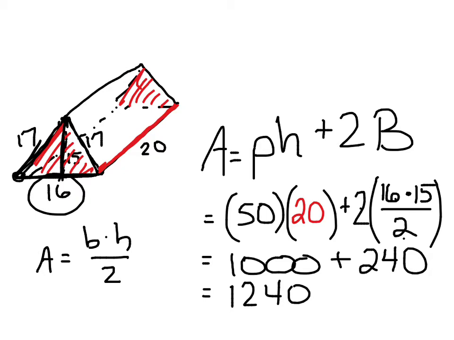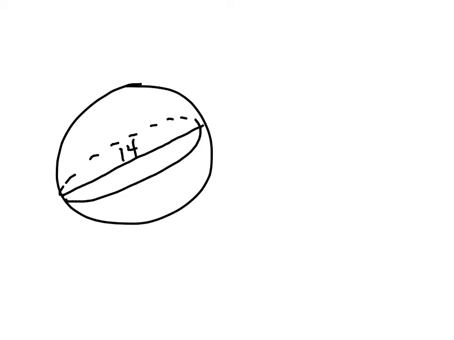All right, number 3. What kind of shape is number 3? Sphere. How'd you know? Okay, now on the sphere, the area formula for a sphere, remember, is 4 pi r squared.